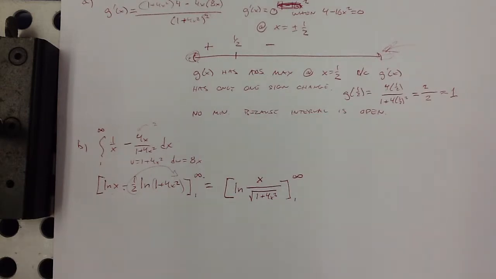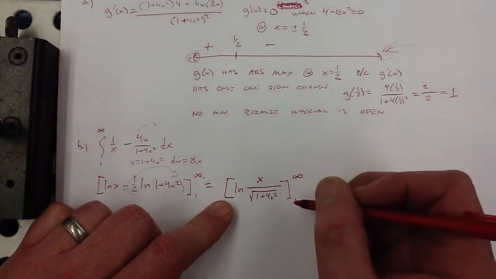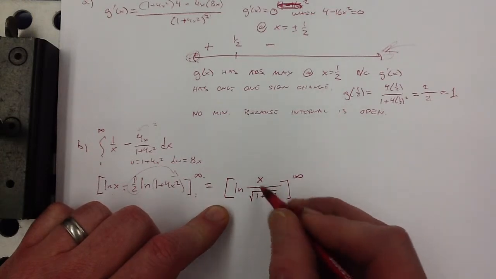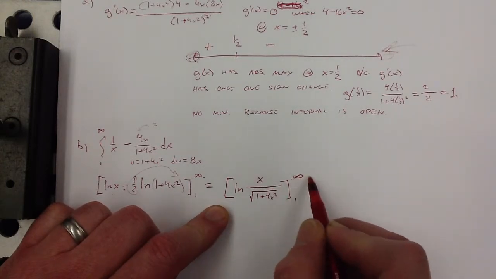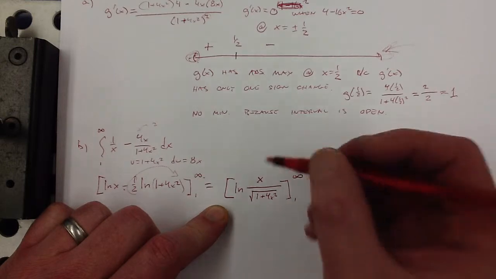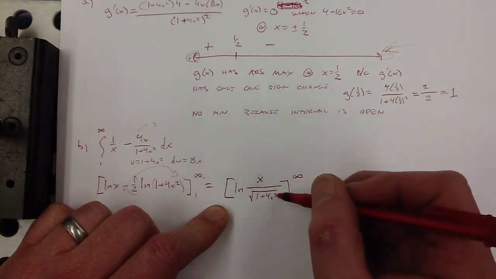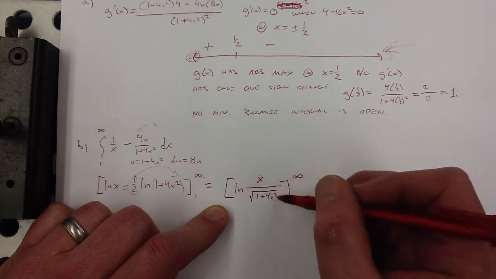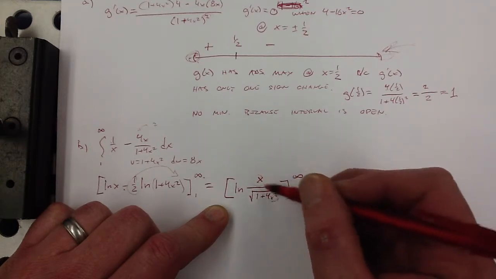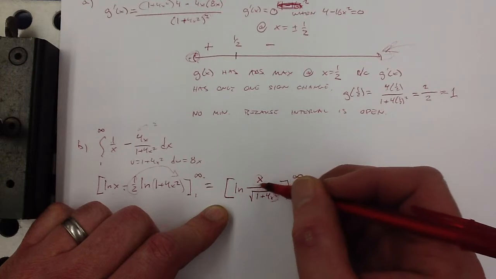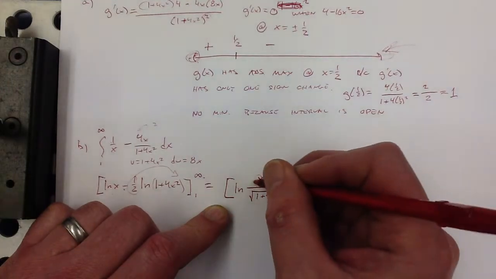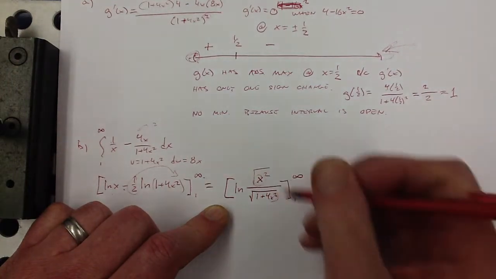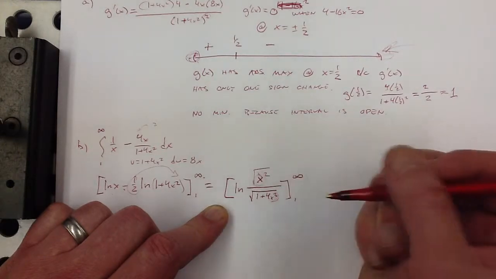Right? And when I plug infinity into this, as x goes to infinity, this is actually same power over same power, because the square root of x squared is just x. So same power, top and bottom.